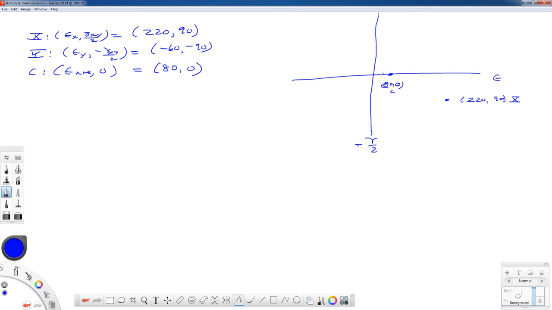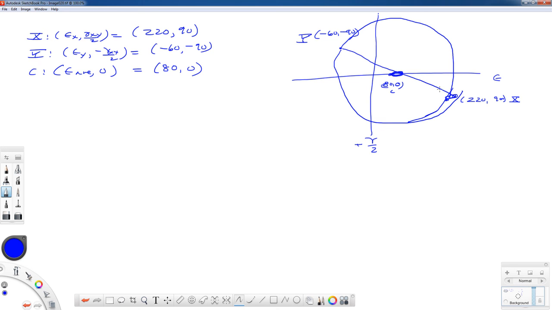And my Y point is at minus 60 minus 90, so maybe that puts me about here. I draw a straight line that connects those points, and then a circle so that that line is the diameter of a circle.